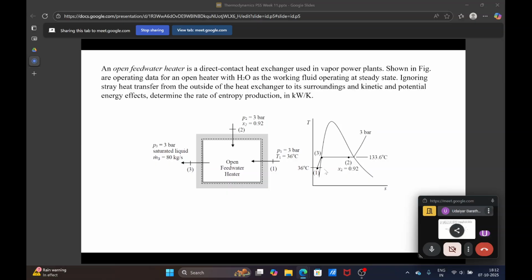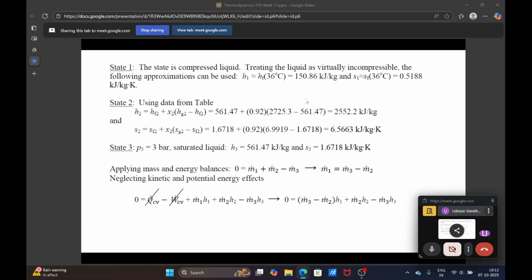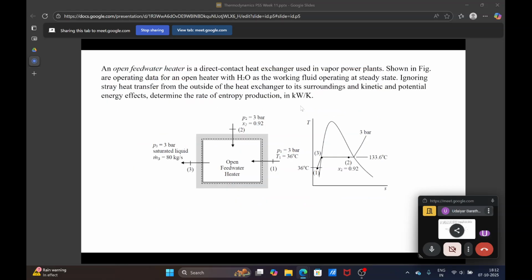at 36 degrees Celsius, not at 3 bar. So that will be around 150.86 kilojoule per kg, and similarly entropy is 0.5188 kilojoule per kg Kelvin. Why is this valid? This isobar line is very close to your saturated liquid boundary, so the error will be very small.